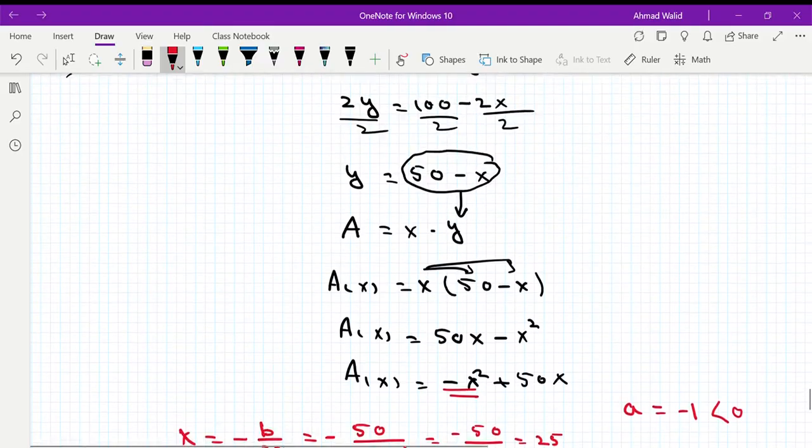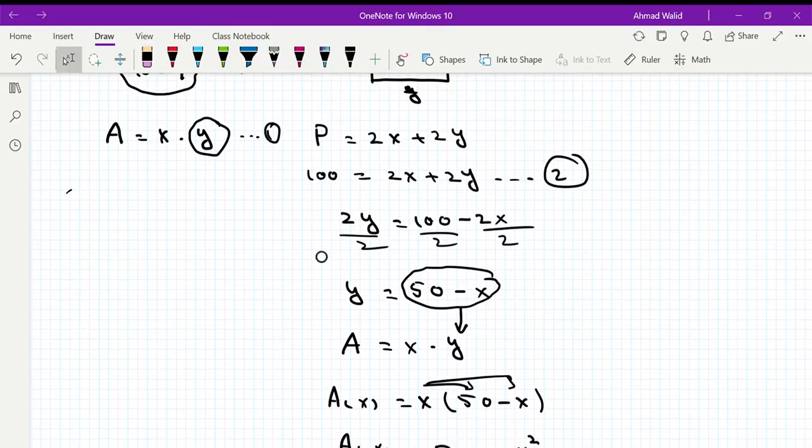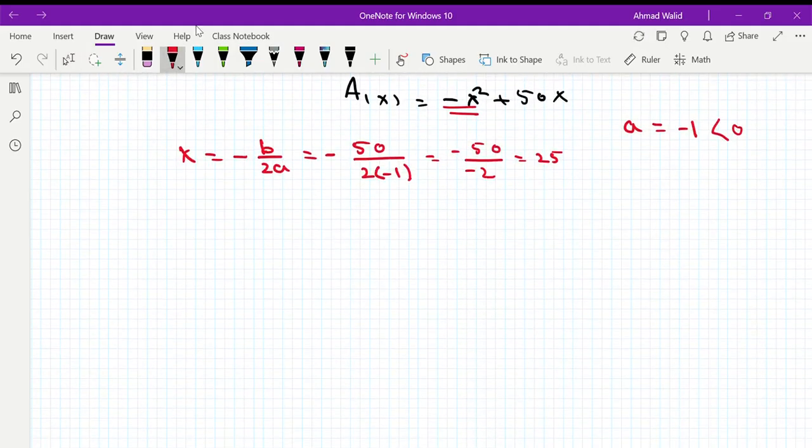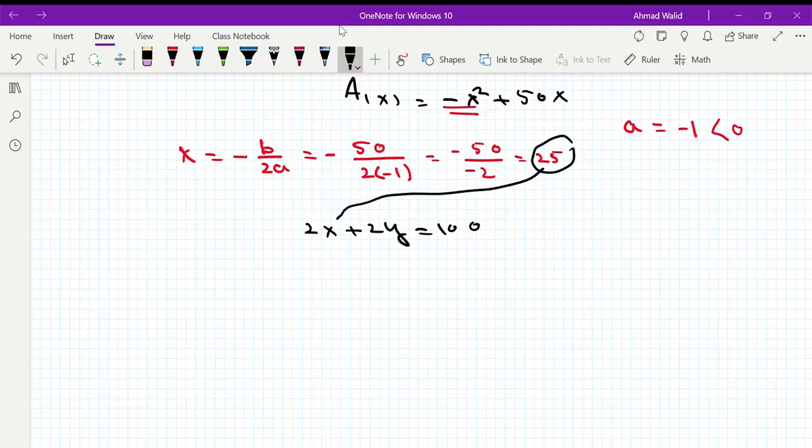Now, how much is y? I'll use this formula, number 2: 100 equals 2x plus 2y, correct? Let's write it in a nice way: 2x plus 2y equals 100. Plug in the value of x here and you can find the value of y. It means 2 times 25 plus 2y equals 100.